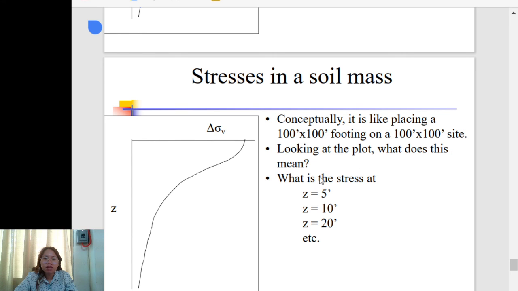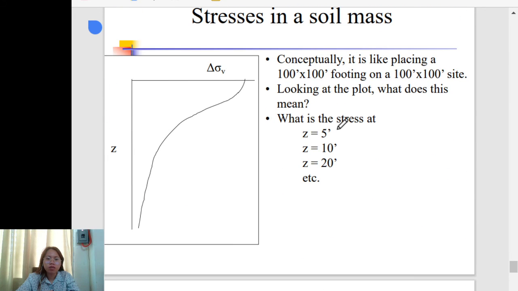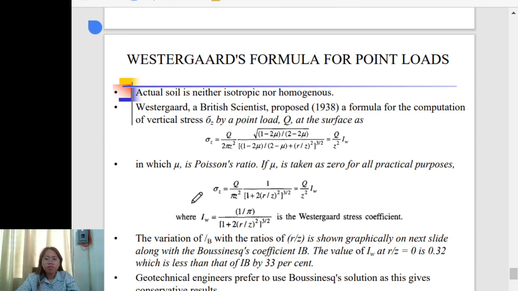Looking at the plot, what does this mean? What is the stress at each depth? The concept is elaborated using different depths, 5 feet, 10 feet, and 20 feet. But the explanation is the same as before.